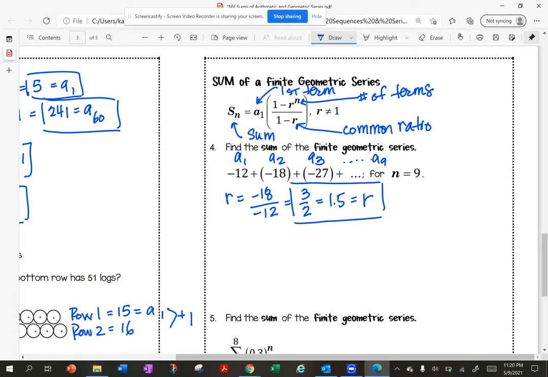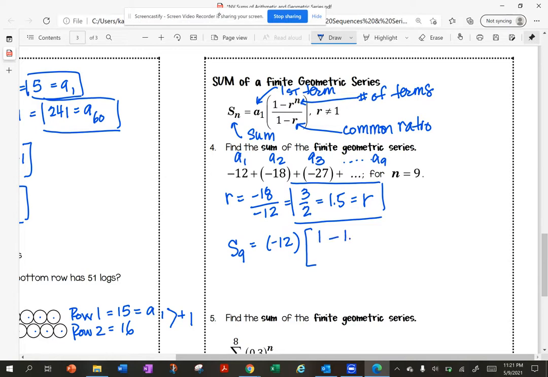So now I can substitute into my formula. Nope, I got to find my 9th term first. Nope, I only need the first term. I don't need the last term. So I can substitute in. So the sum of my 9 terms is my first term, which is negative 12, times 1 minus my ratio.